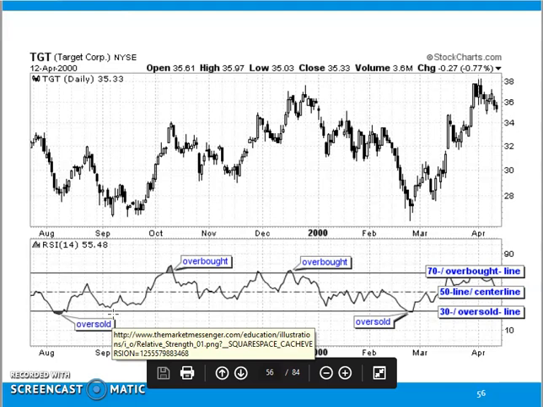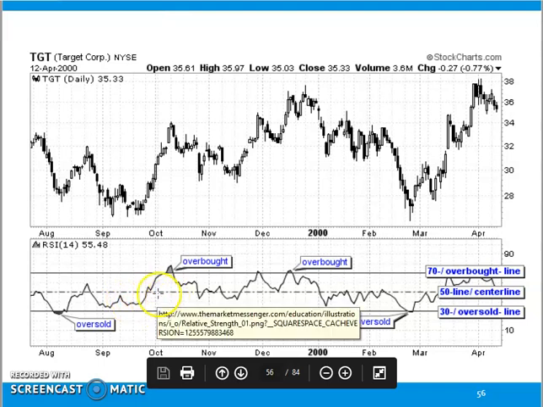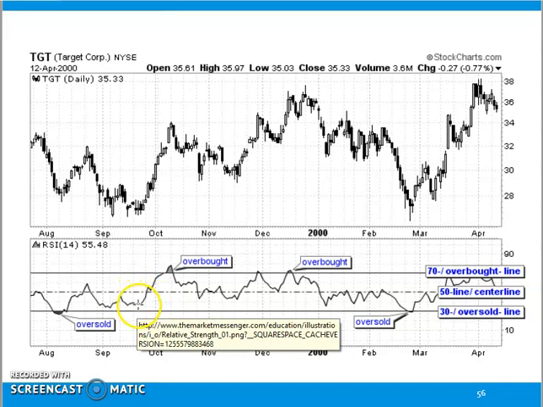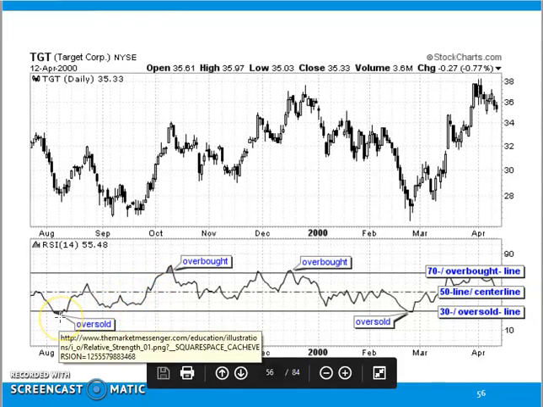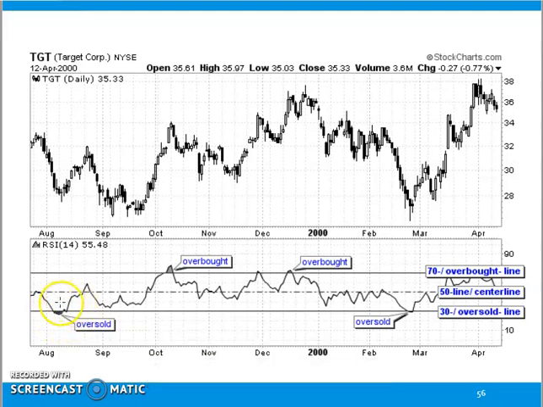For a bullish confirmation, whenever the RSI is situated above the 50 line, we can say that it is one of the signals confirming a bullish trend. For example, at this point it is indicating a buying signal.